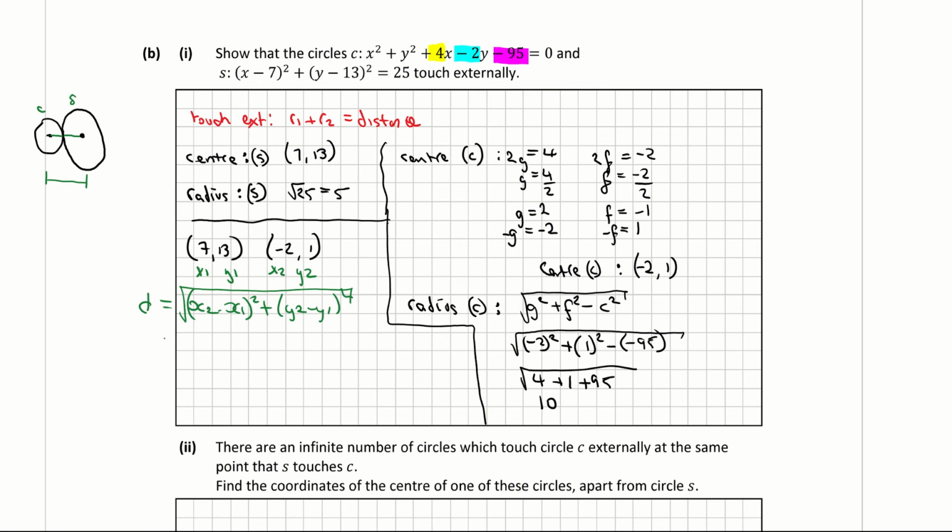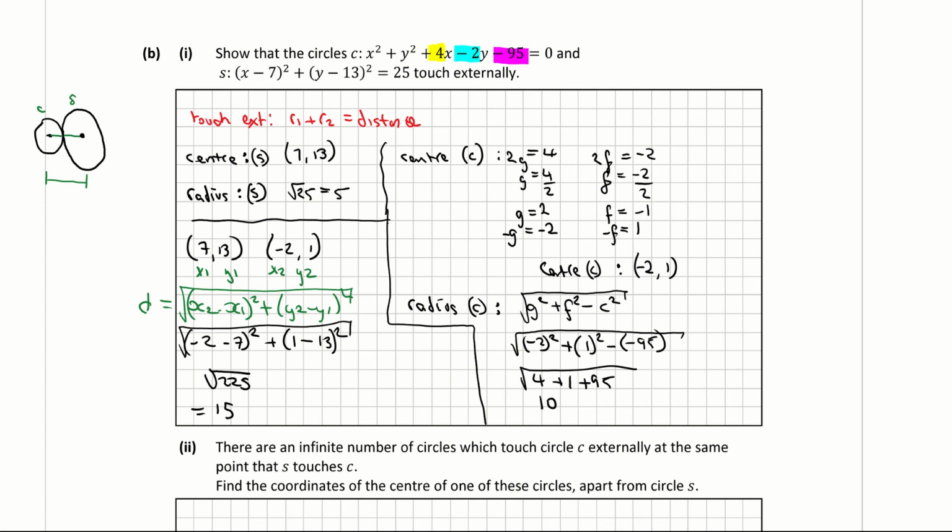And putting in my values, I have minus 2 minus 7 all squared plus 1 minus 13 all squared. Running out of space here, so let's see what that gives us. That gives us the square root of 225, which is a distance of 15 units.